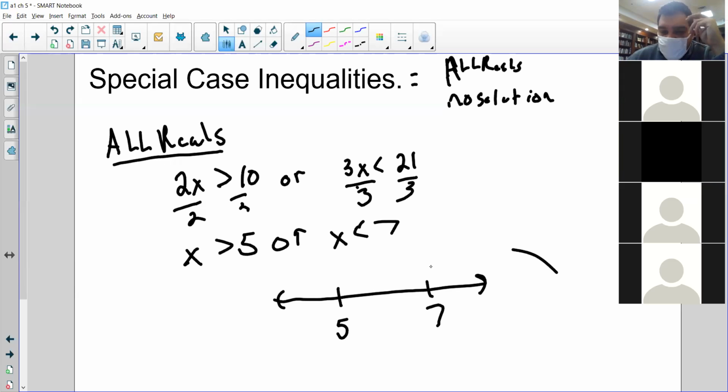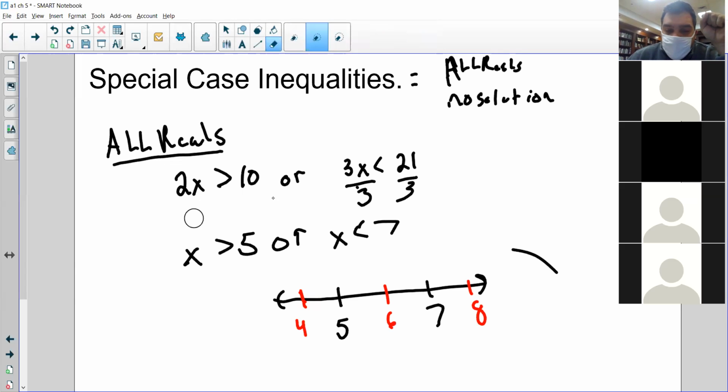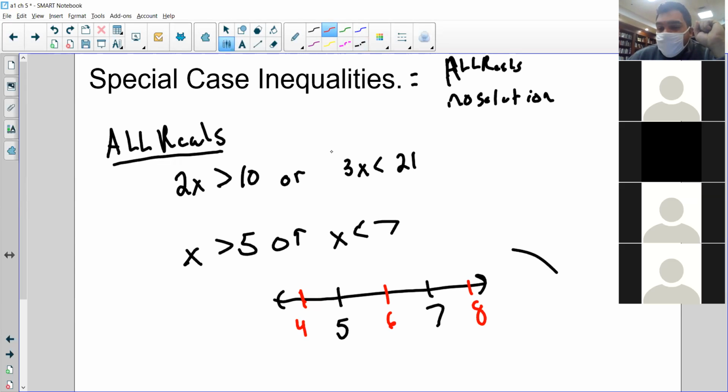If they're going the same way, let me explain by plugging in. What's a number smaller than 5? 4, let's say. Here's a 6, and let's put an 8. We're going to test all 3 sections to see if it's true in the original statement. Now, it is an or statement, so only one of them has to be true.